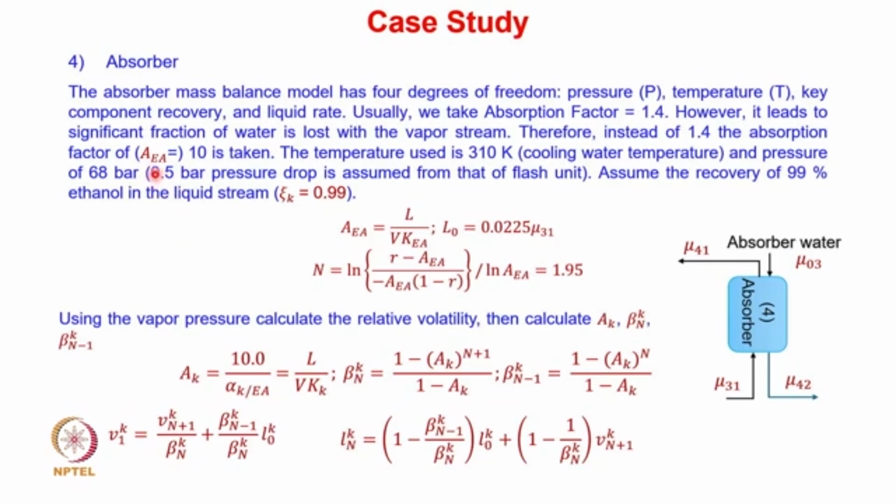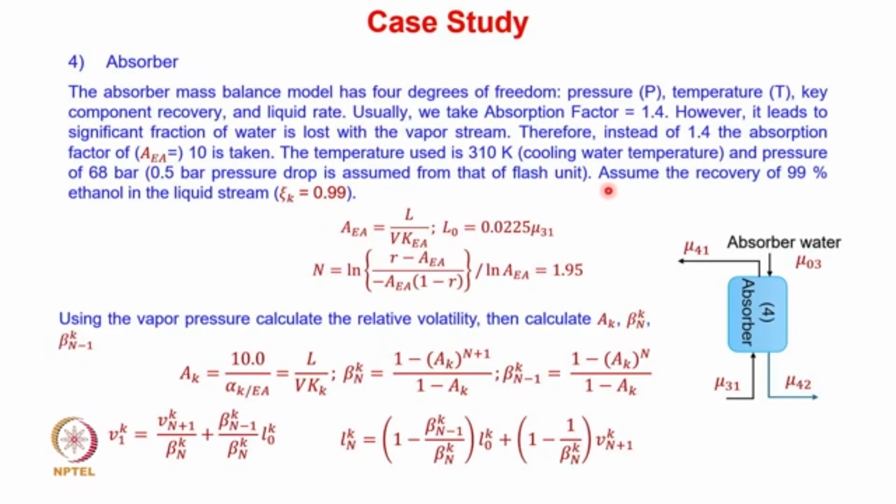So we take the absorption factor AEA equal to 10. We are also using a temperature of 310 Kelvin and a pressure of 68 bar, assuming a 0.5 bar pressure drop in the absorber unit.